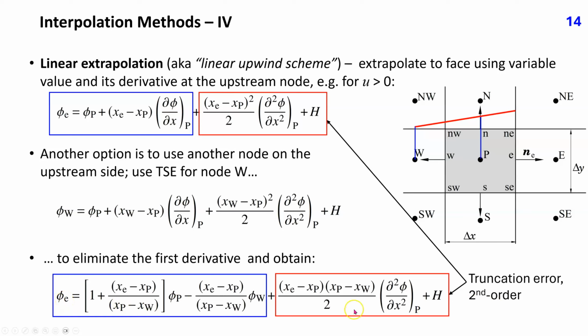The red part represents the leading truncation error term. It is also proportional to grid spacing squared, so this is also a second order approximation. Thus, all three schemes based on the assumption of linear variation of the variable phi in the vicinity of the face are second order approximations.